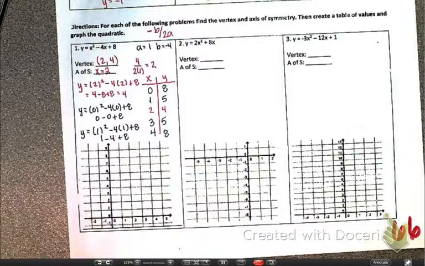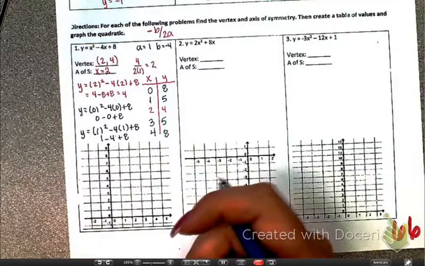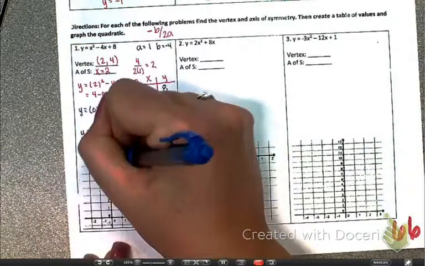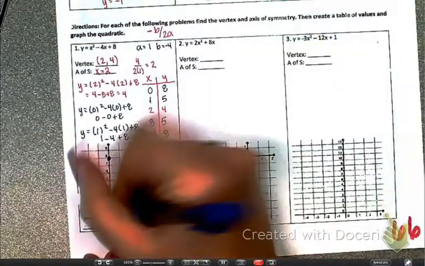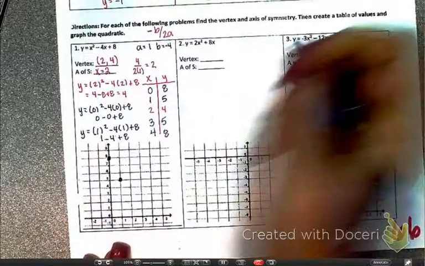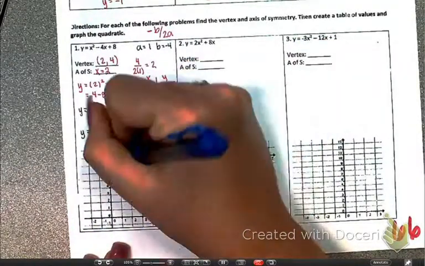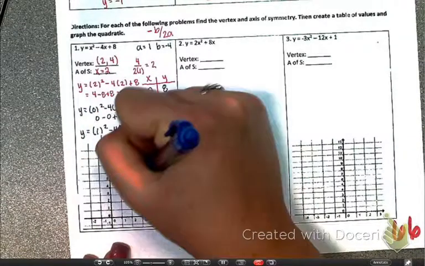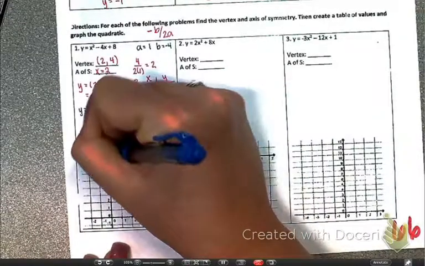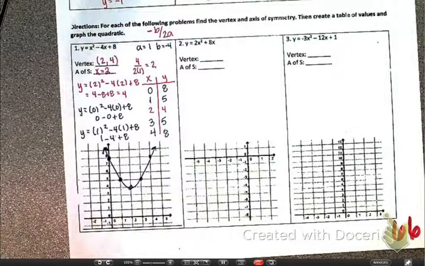If it doesn't look normal, you did something wrong. Okay, let's plot those points. 0, 8, 1, 5, 2, 4. It faces up. It's a normal graph.